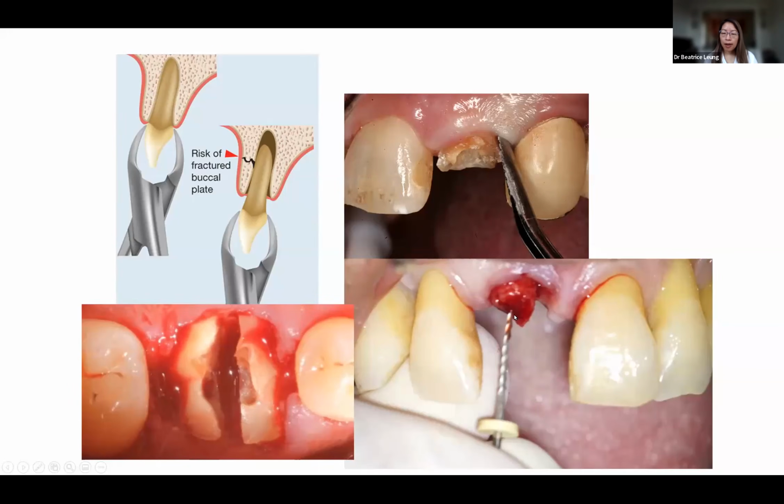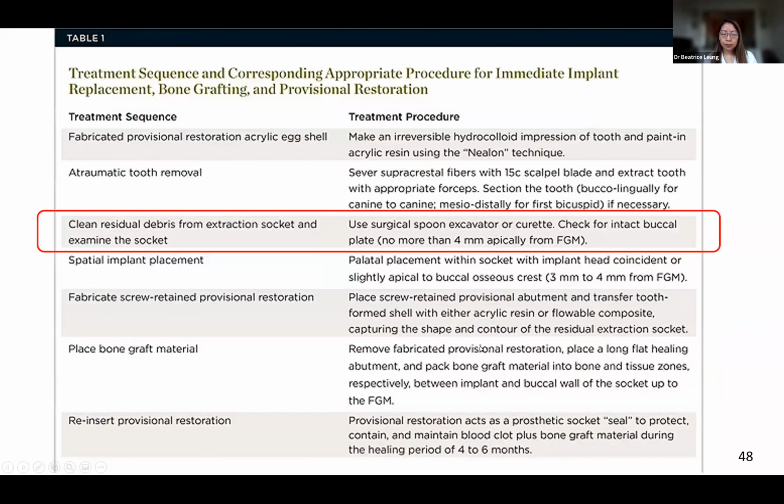Other strategies you might have learned is use of an endophile to retrieve your broken roots, so that you don't have to start digging around the soft and hard tissue. So one of the key things is to try to remove the root as atraumatically as possible, so you preserve the bone and soft tissue.